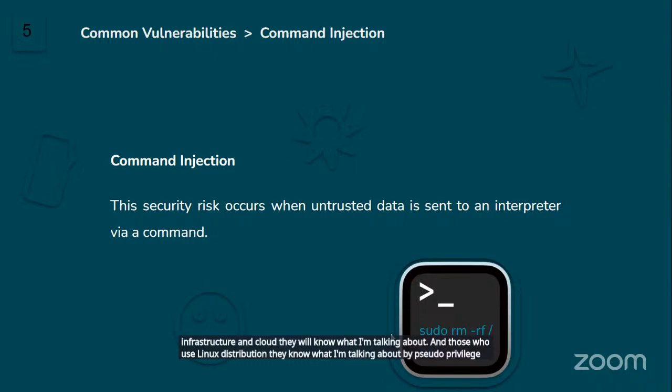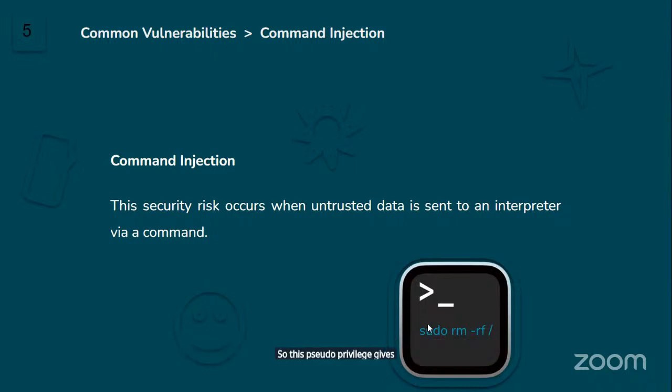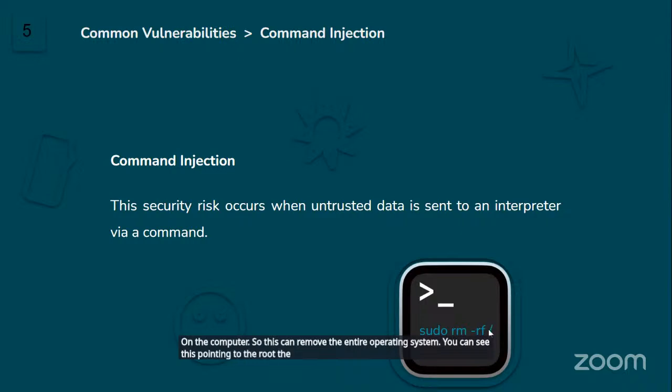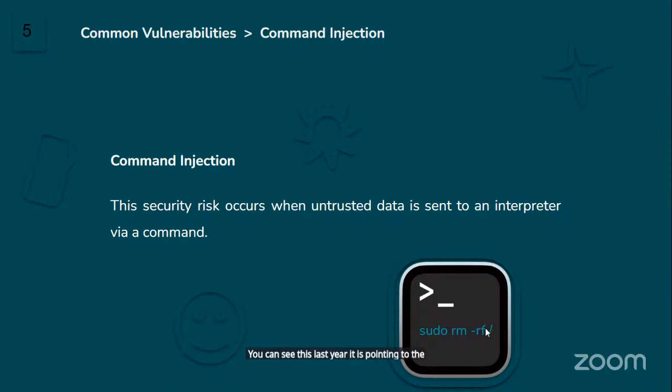This sudo privilege gives the user potential privilege to do anything they want on the computer. So this can remove the entire operating system. You can see this is pointing to the root. You can see the slash here. It is pointing to the root, which means that this command removes everything. In fact, it removes the entire operating system.